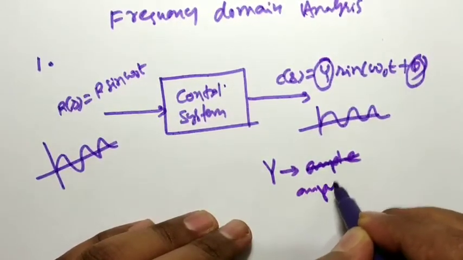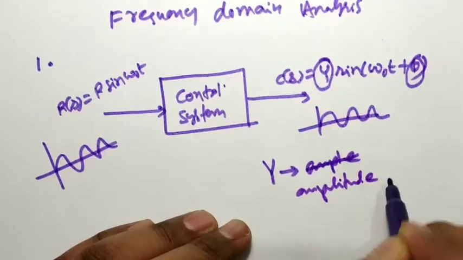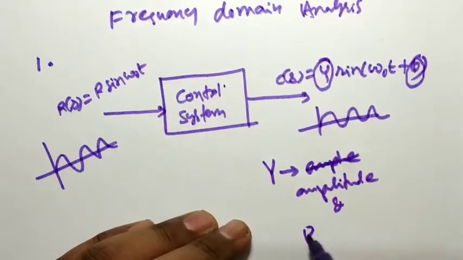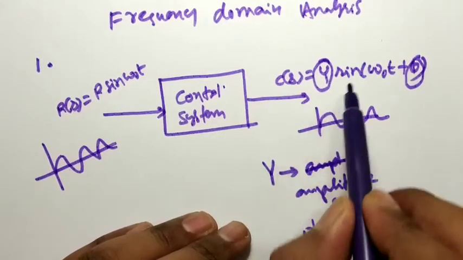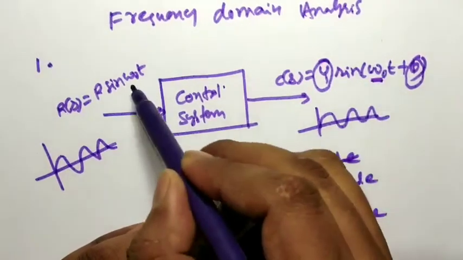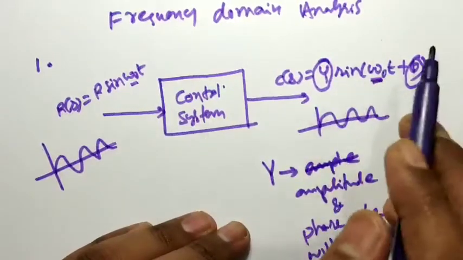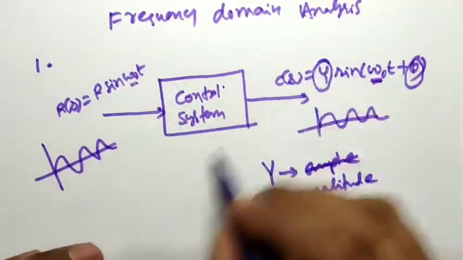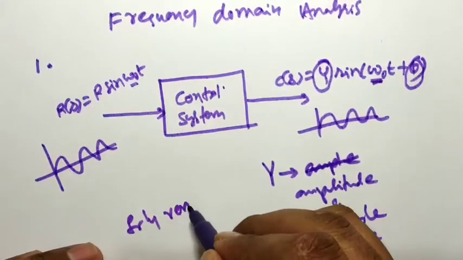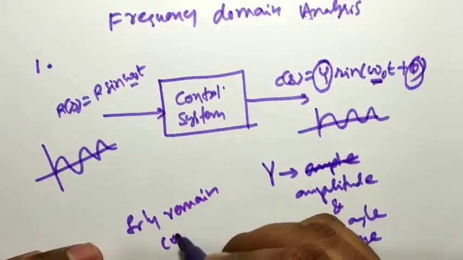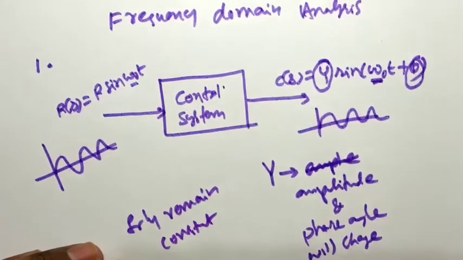Amplitude will change, and phase angle will change. The frequency remains constant from input to output. The frequency is not going to change here.